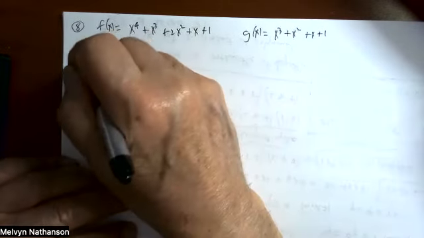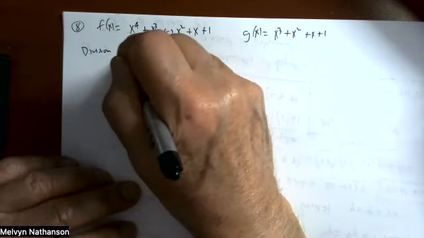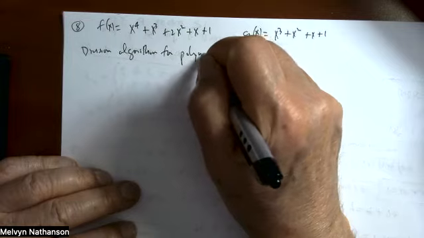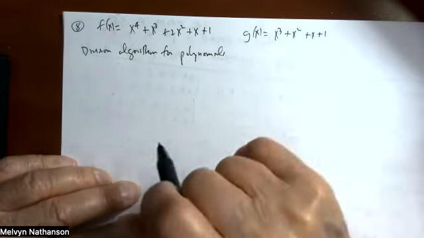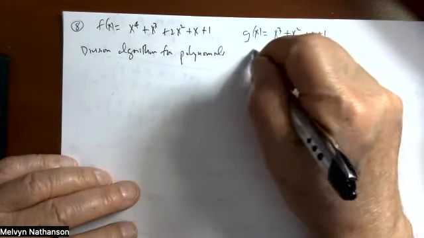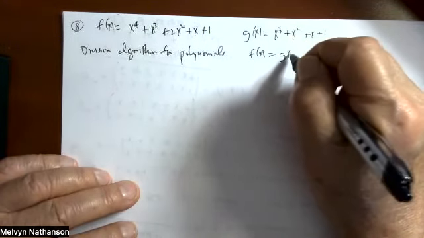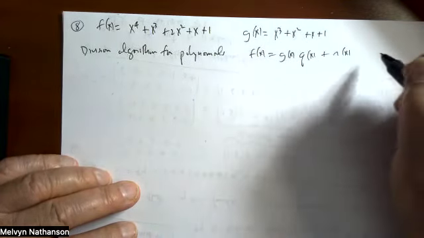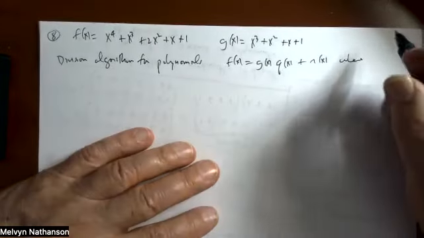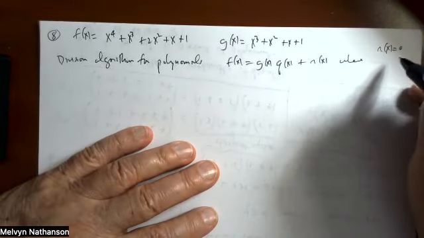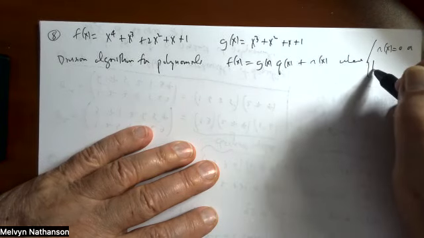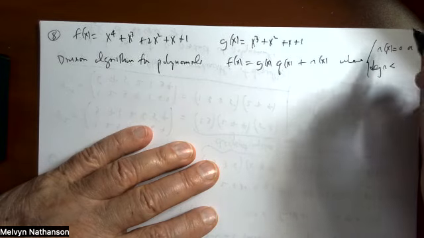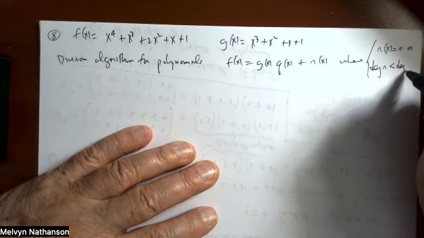And the division algorithm for polynomials says that for any polynomials f of x and g of x, you can write f of x as g of x times some quotient polynomial called q of x, plus a remainder r of x, where either r of x is the zero polynomial, or the degree of r is strictly less than the degree of g.